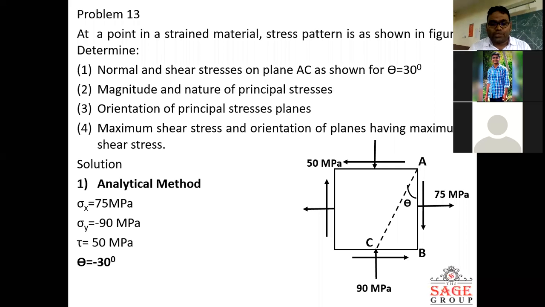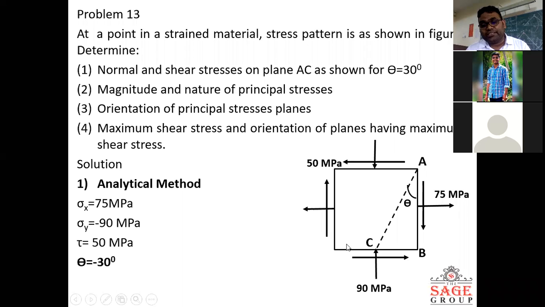This is all about the question, and you can see this diagram. In this diagram, the stress pattern is mentioned. Along the x-axis, sigma x is 75 megapascal, and sigma y is minus 90 megapascal, meaning it is compressive in nature.